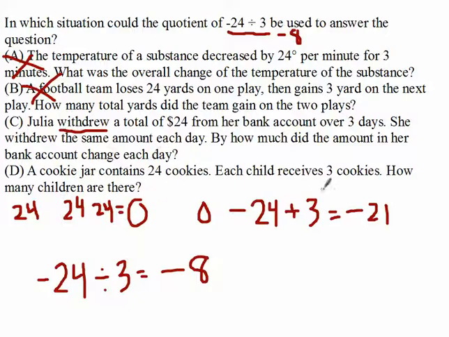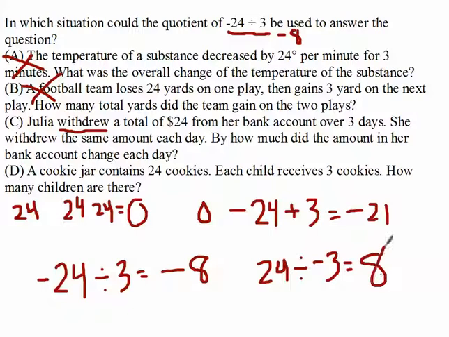24 cookies. If each child receives 3 cookies, how many children are there? So we start with 24. And then we are dividing here, but I am now giving away 3 cookies, so it's now going to be a -3.